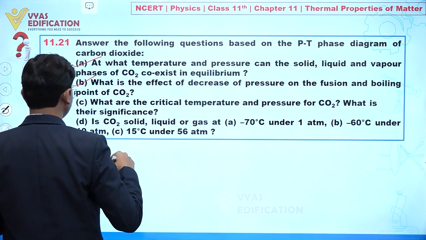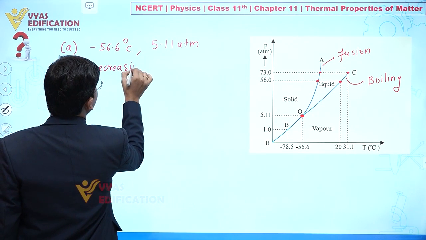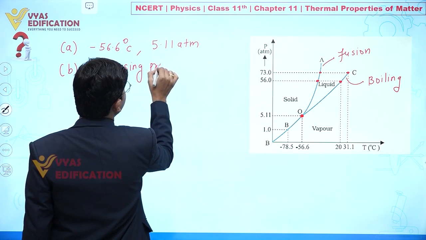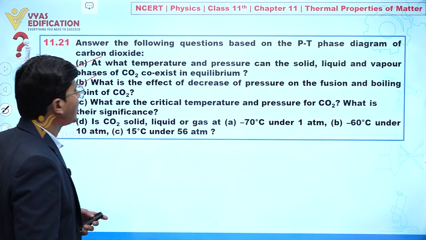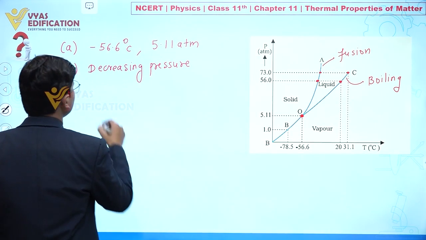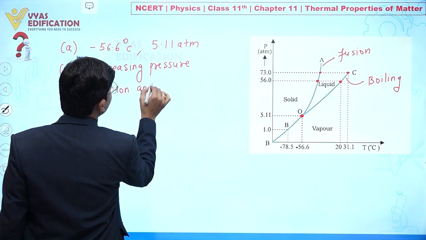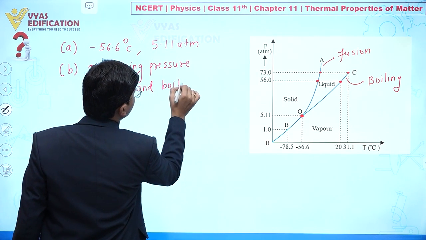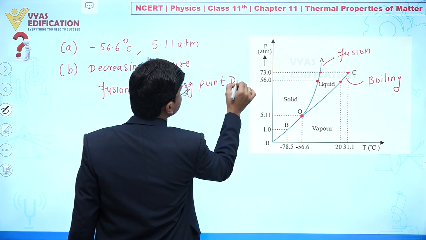Clear? So if we are decreasing pressure, at the time of decreasing pressure the fusion and boiling point decreases. Clear?